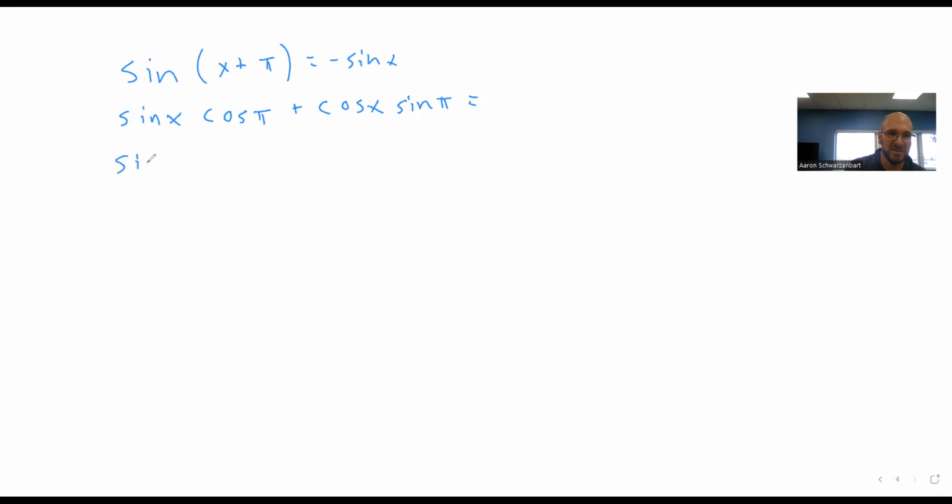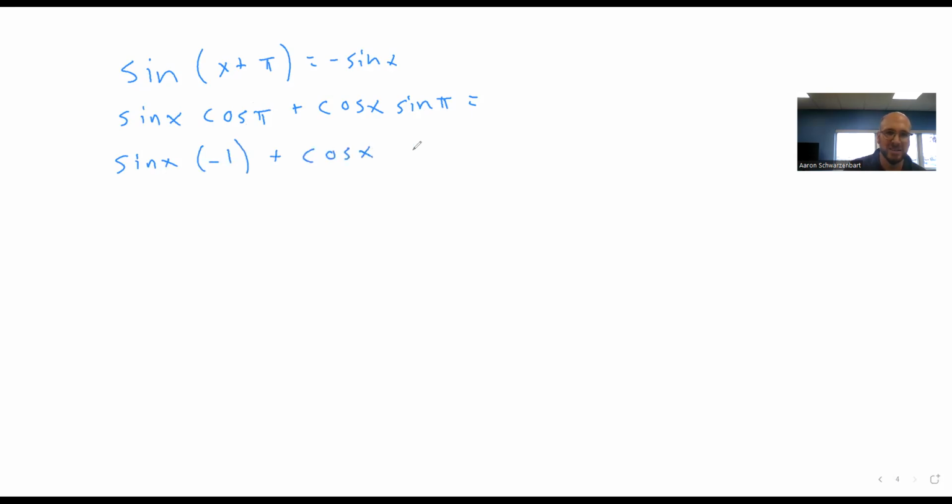I'm going to use this to prove a couple of formulas. So again, using the sum formula, and these values, sine of pi and cosine of pi, I can get those numbers out of the unit circle, cosine of pi being -1.